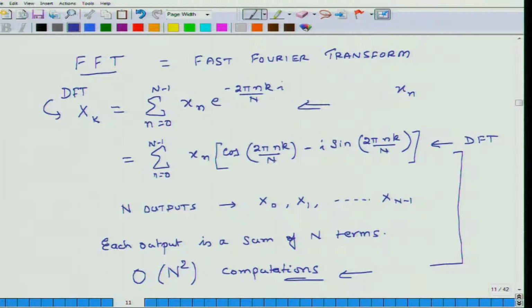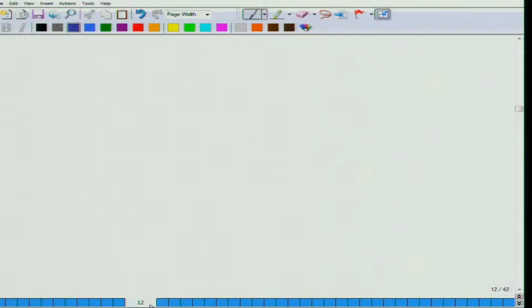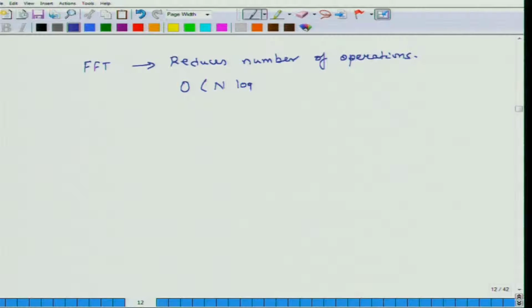FFT reduces the number of operations, and typically the order of the computations is not N squared, but something like N log N. If it is somewhere closer to this, then you say, oh, it's fast Fourier transform.